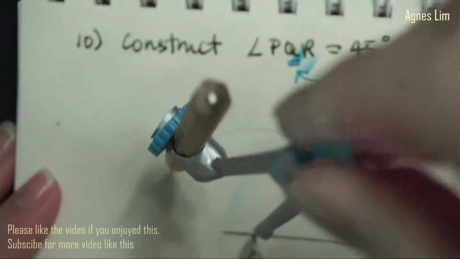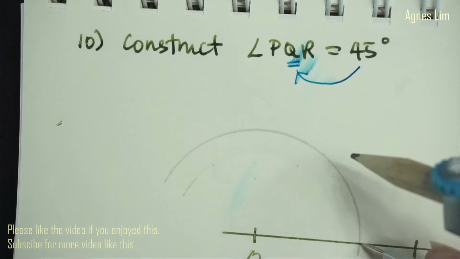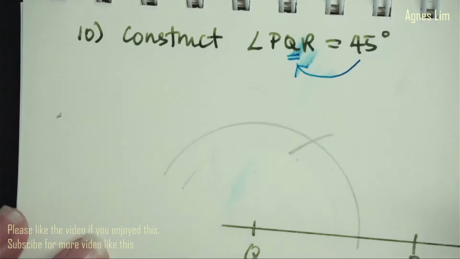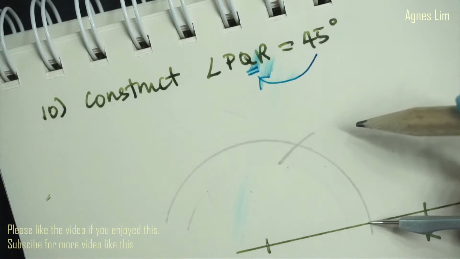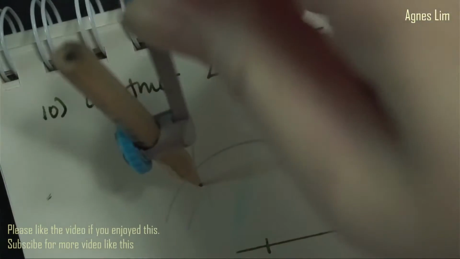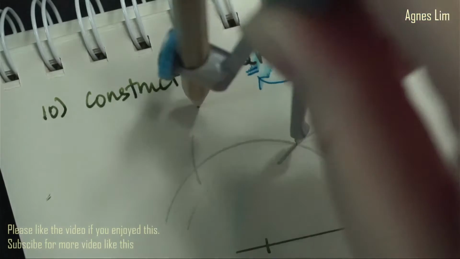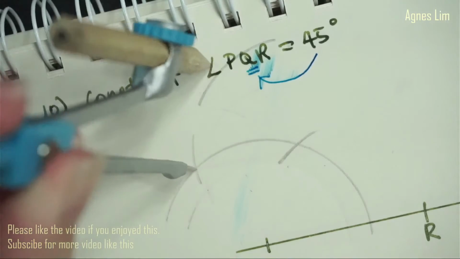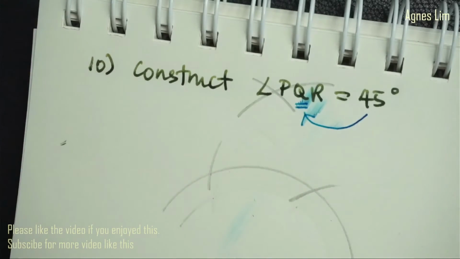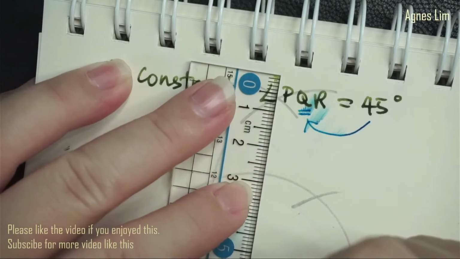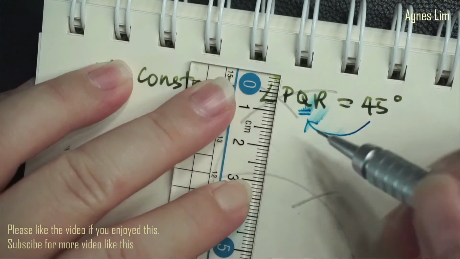Okay, big arc. Okay, first, second, right, draw a faint line.